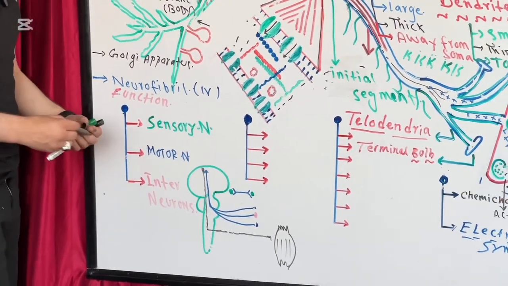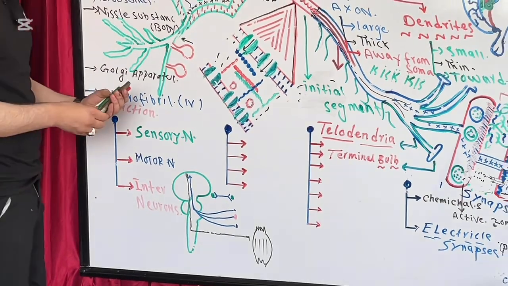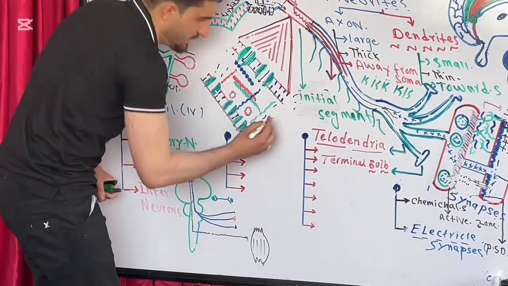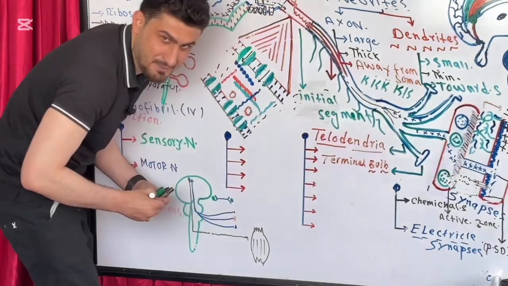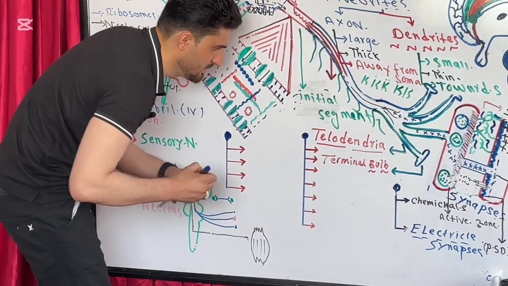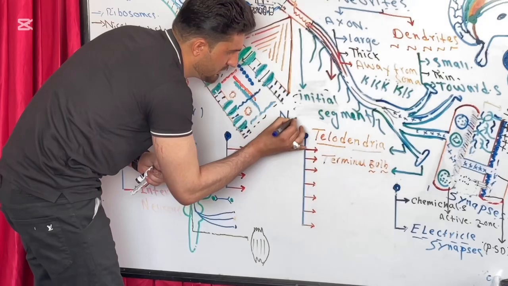We have other types of neurons based on their neurotransmitters.